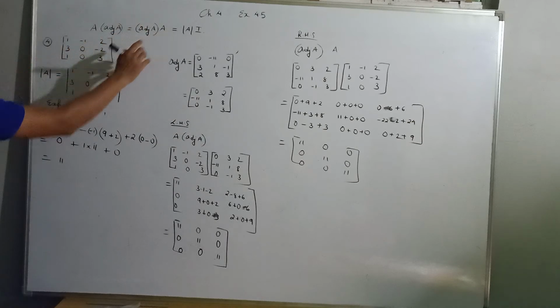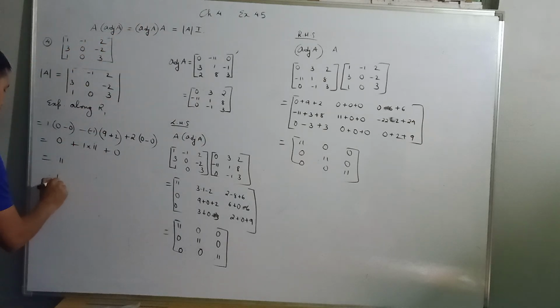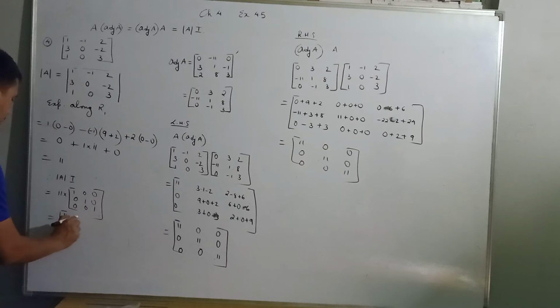Therefore, determinant of A times I. Determinant of A is 11 times your identity matrix of order 3 is 1, 0, 0, 0, 1, 0, 0, 0, 1. So you multiply by 11, 11, 0, 0, 0, 11, 0, 0, 0.